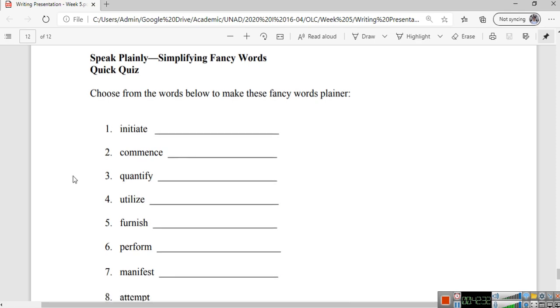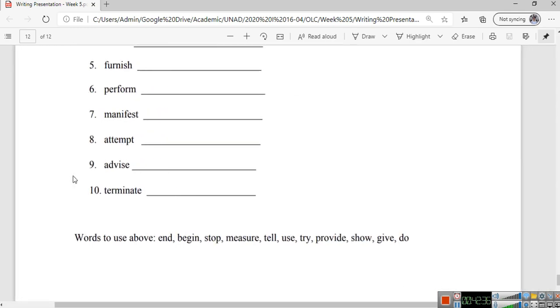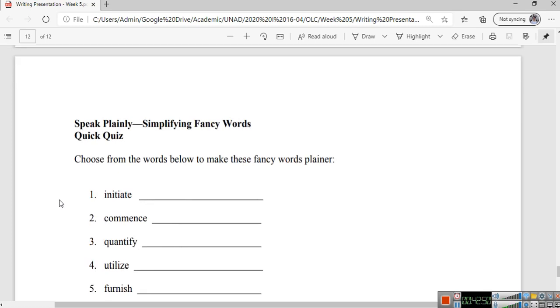We have initiate, quantify, utilize. And you also have the word bank, so words to use: begin, stop, measure, tell, use, try, provide, show, give. These are the answers. So I want you to give the corresponding answer to each of them.